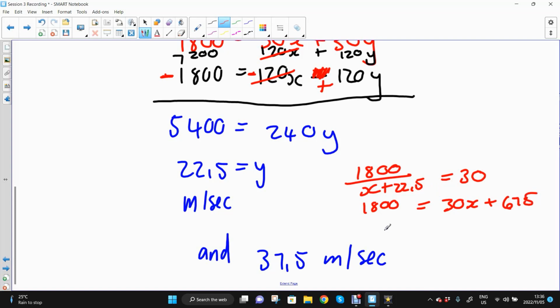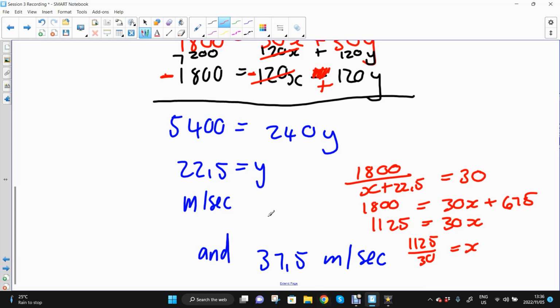Then moving that to the left hand side gives us 1,125. And then finally, to get x's answer, you are going to divide this by 30. And that is where this answer of 37,5 comes from.